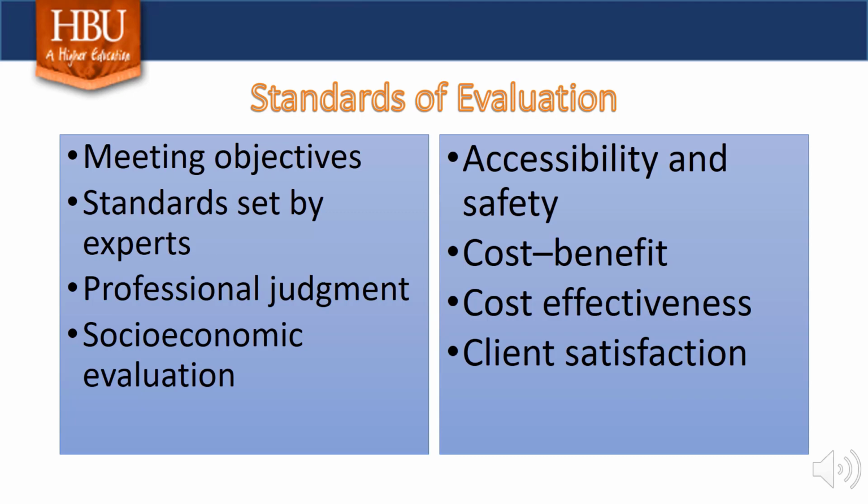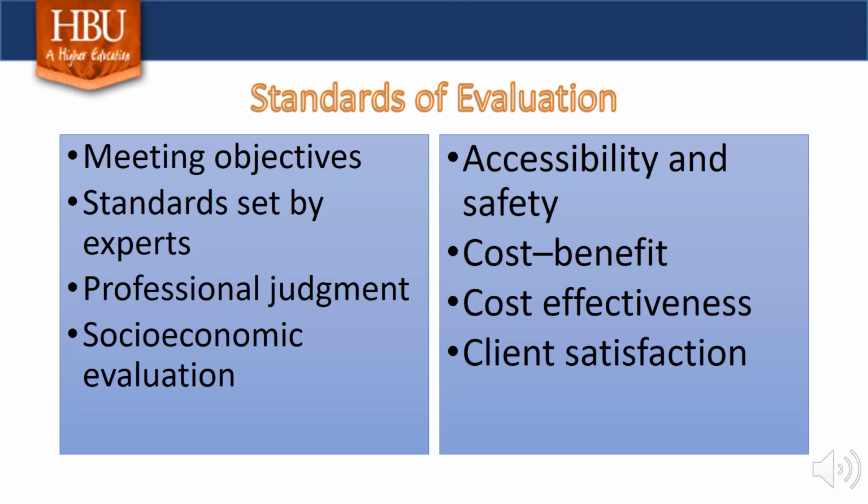Next is professional judgment. That is, one or more professionals may be asked to determine whether a program is effective. Socioeconomic evaluation. Some programs are simply instituted to serve the public at large equitably. So any judgment of the program's effectiveness, therefore, should consider whether the extension of the facilities and services met the needs of different communities.